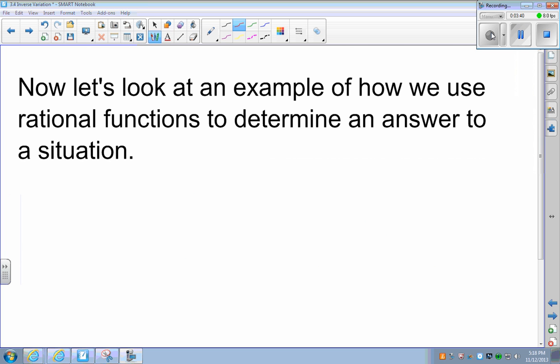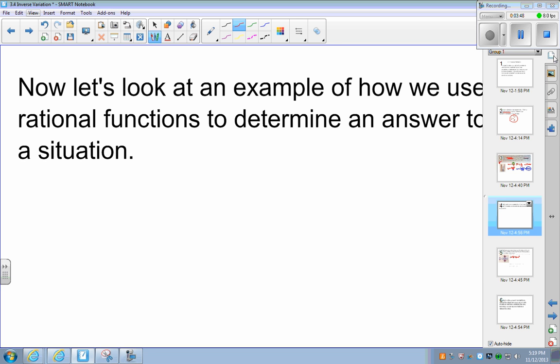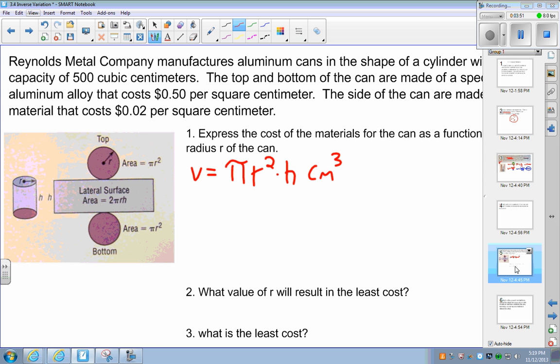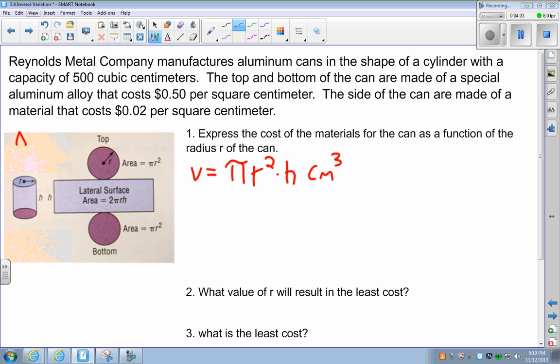Okay, so now I want to change paces a little bit. I want to find relationships where we'll end up using rational functions in a different sense. So before we go on and start this problem, I want to just clarify a couple things. All we're going to be talking about here is maximizing surface area given some volume. And so here in this picture, I just break down how we find the surface area. It's here, the surface area of this top bit, which is going to be pi r squared.